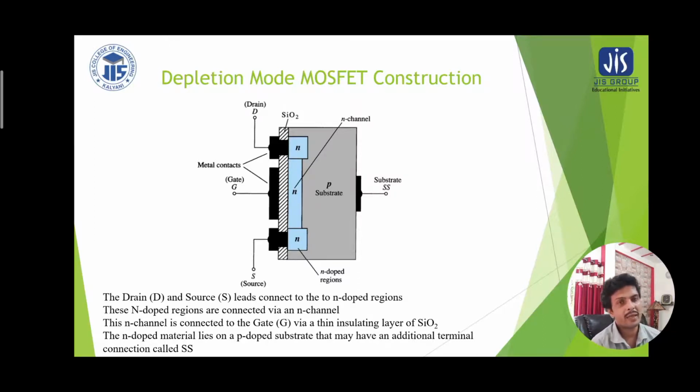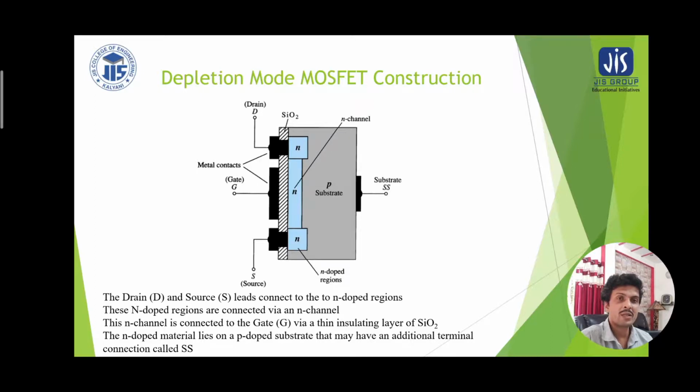The N-type drain and N-type source have been diffused, and between these two N-type terminals, drain and source, an N-type channel has been diffused. This N-type channel is previously constructed by the manufacturer before being supplied. So the channel is already formed.